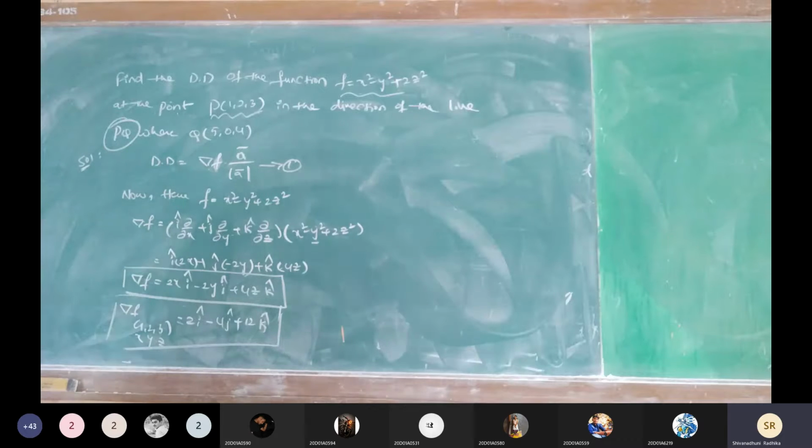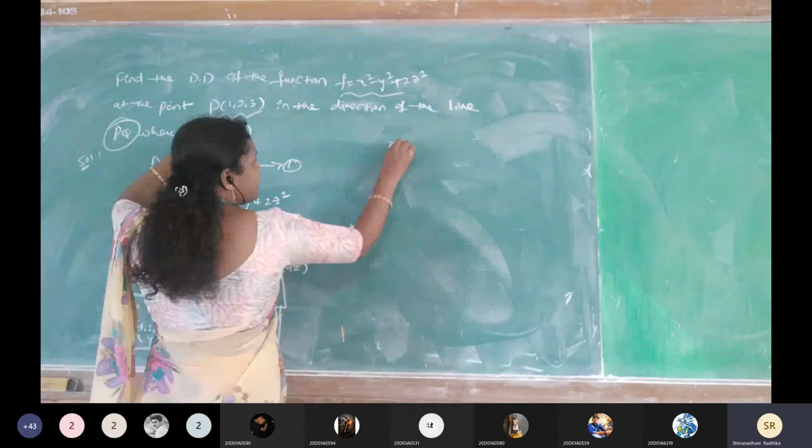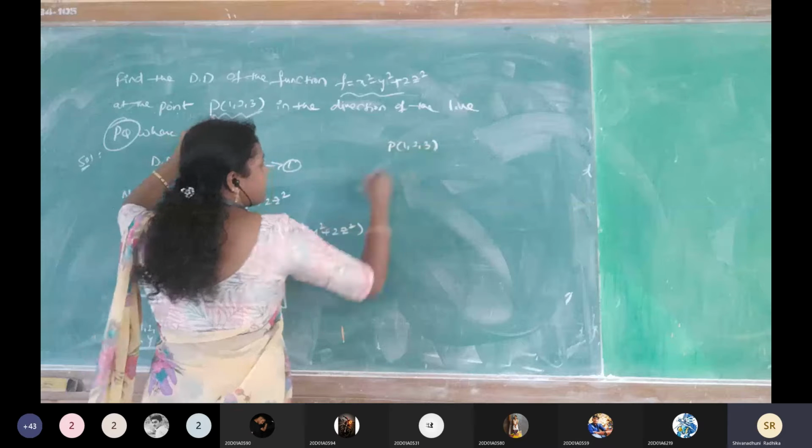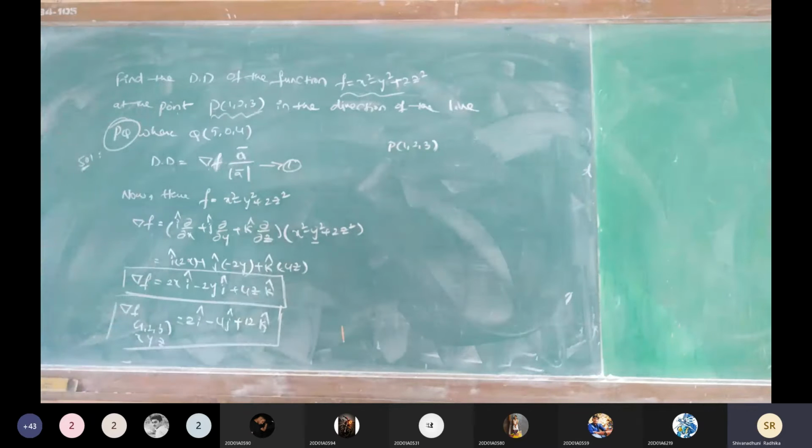Now, see, we have one point, P (1, 2, 3). I am going to write OP bar. What is OP bar here?